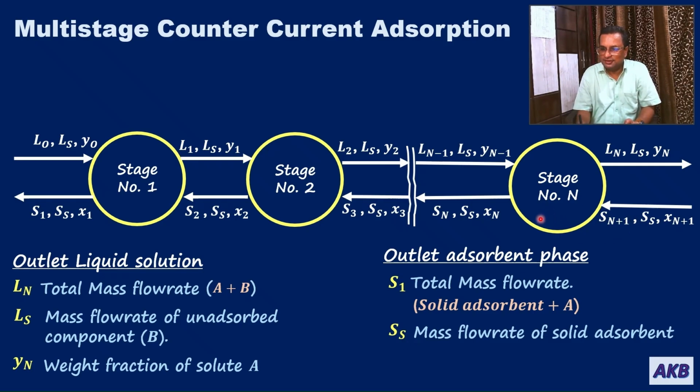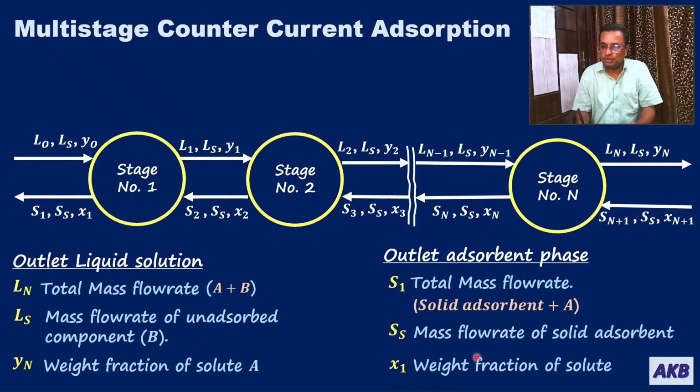Whatever SS enters into the operation, whatever solid adsorbent comes into stage N, the same amount of solid adsorbent is going to get removed from stage number 1. It is only the solute in the adsorbent phase that will change. So that's why S1 changes, that is the total mass changes as you move from one stage to the other, whereas the mass of the solid adsorbent remains the same.